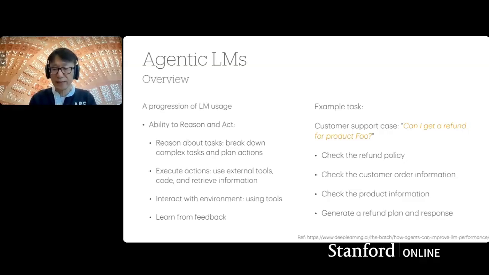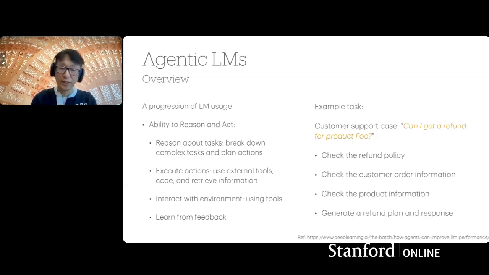In each step, the language model will spit out the API calls so that it can collect the information. For example, to check the refund policy, the language model could query a retrieval system against the pre-indexed company refund policy, retrieve the information, and put it in its own context.